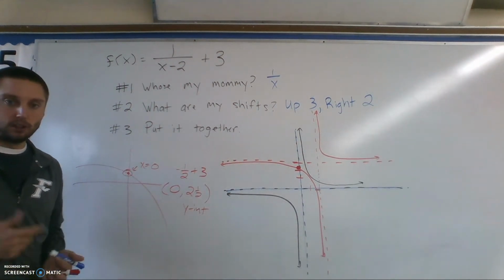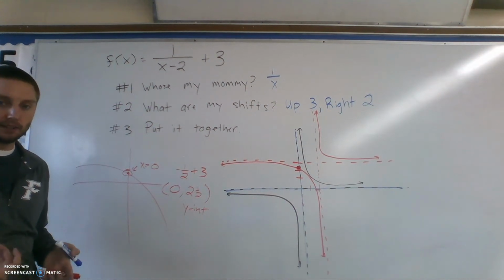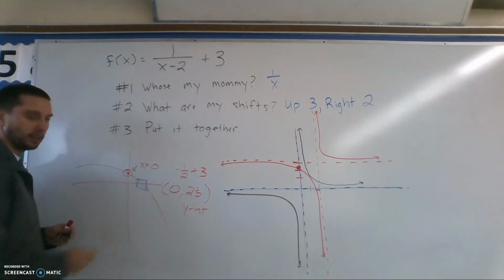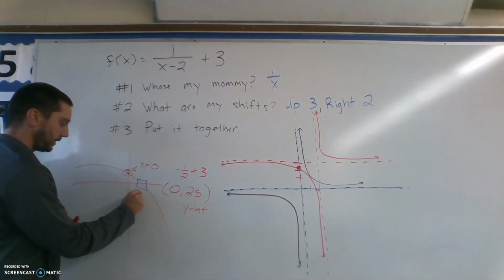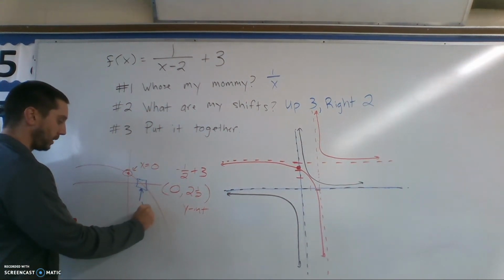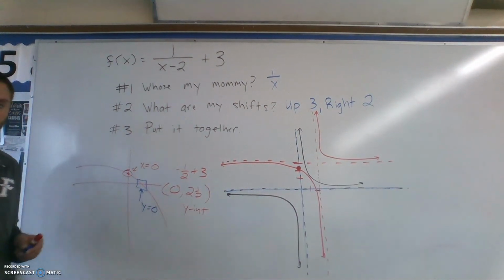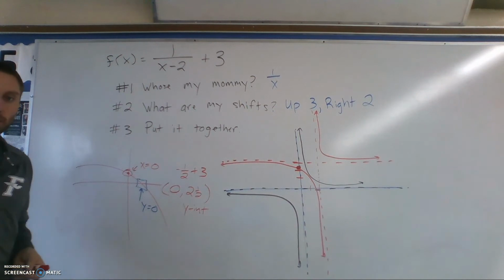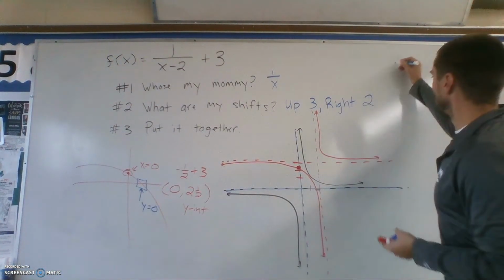All right, now, the last part takes a little bit more work, but I'm going to find an x-intercept. So what do we know about any x-intercept ever in our entire life? Well, every x-intercept happens when my y values are 0. Okay, so all I have to do is set the equation equal to 0 and then try to solve this.